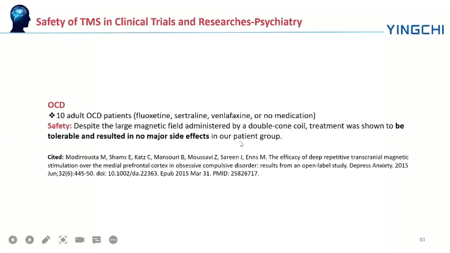Despite the large magnetic field administered by a double cone coil, as we have mentioned before, the double cone coil can achieve deeper stimulation. It may cause some discomfort in people who are fragile. But the treatment was shown to be tolerable and resulted in no major side effects in these patient groups.